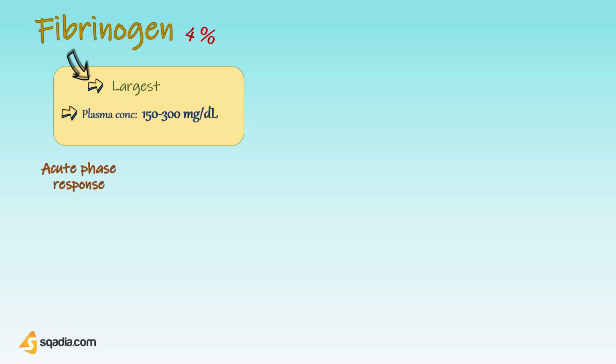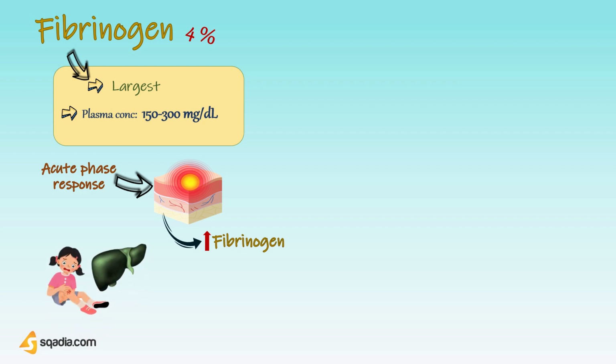This concentration gets affected by certain conditions, like the acute phase response, the series of events that occurs in response to infection, which greatly enhances fibrinogen synthesis. While in case of blood loss, traumatic injuries or liver diseases, fibrinogen decreases drastically.